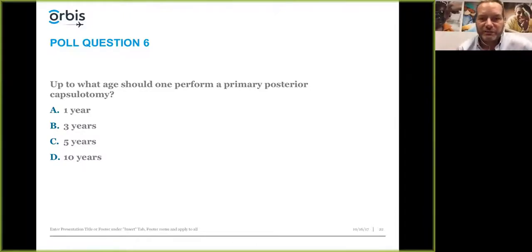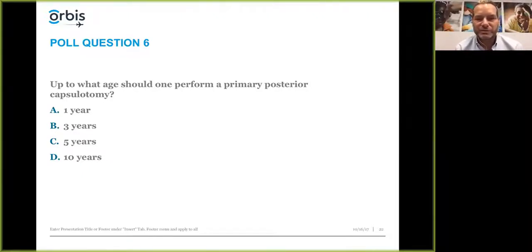Anyone under the age of 18, if you're going to perform cataract surgery, we frequently like to do primary posterior capsulotomies because it tends to opacify and needs to be opened. And if you have an opaque posterior capsule, of course, that's just as bad as having a cataract. So up to what age do you think one should perform a primary posterior capsulotomy?